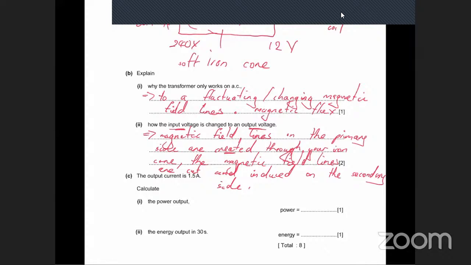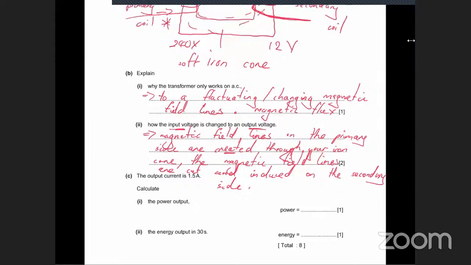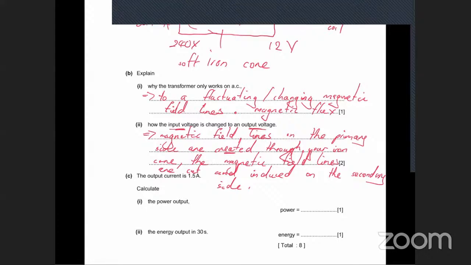Full screen. Where is my full screen? How do I put this in full screen mode? Not sure how to do that. Okay, so I hope nothing is blocking the screen. You just let me know as we move on, just to make sure there's nothing interfering with the screen and the audio.